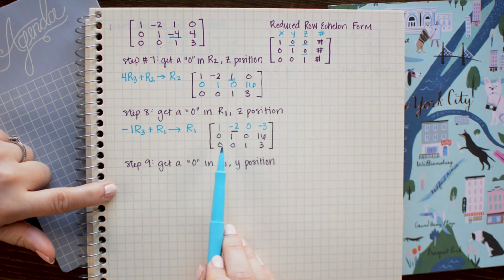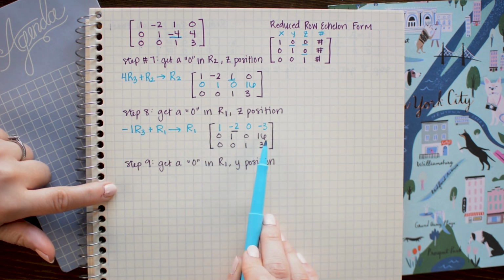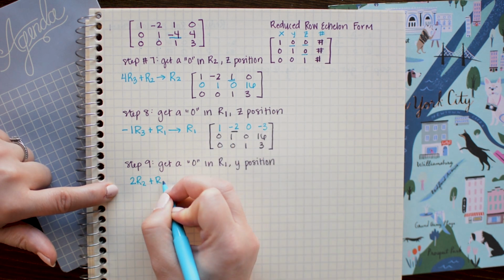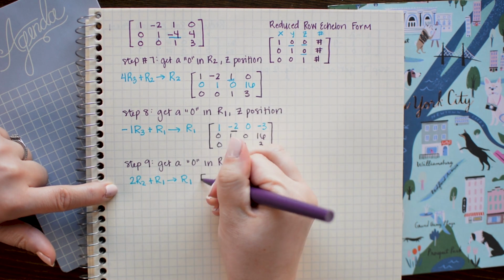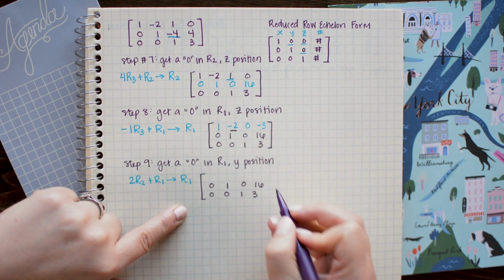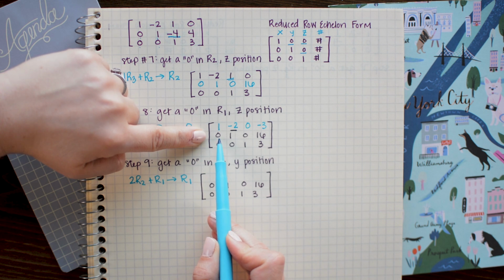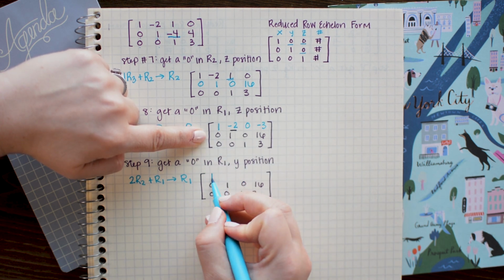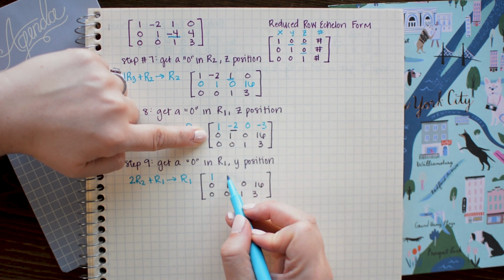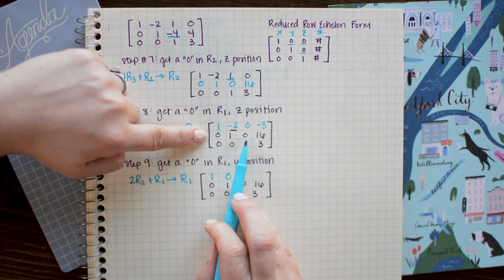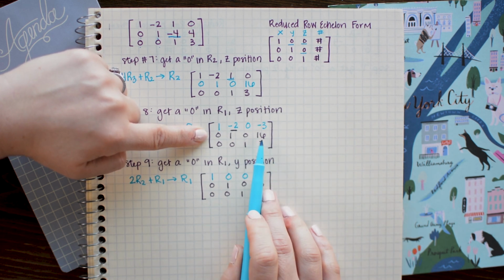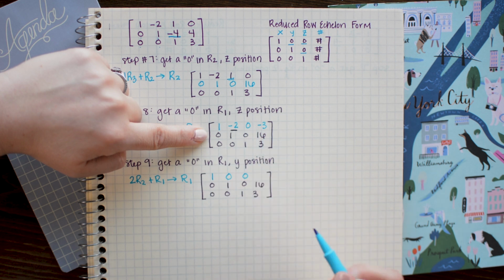To do this, I am going to take 2 of row 2 and add it to row 1. So 2 times 0 is 0, plus 1 is 1. 2 times 1 is 2, plus negative 2 is 0. 2 times 0 plus 0 is 0. And 2 times 16 is 32, minus 3 is 29.